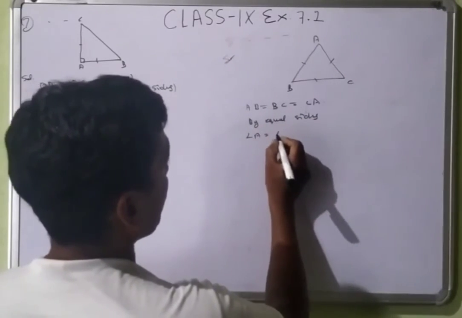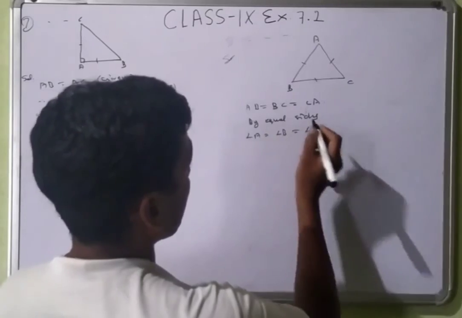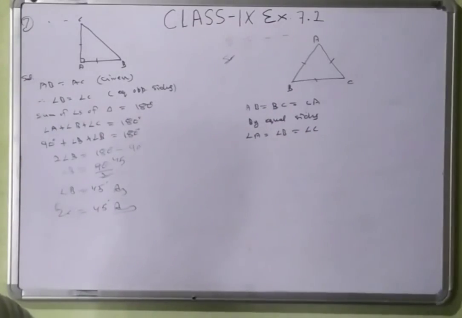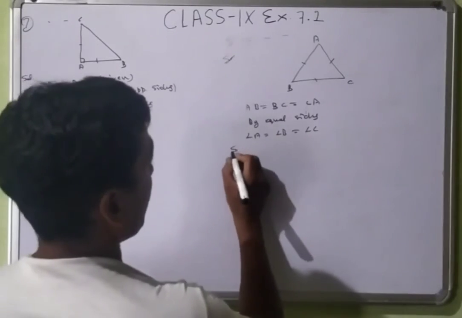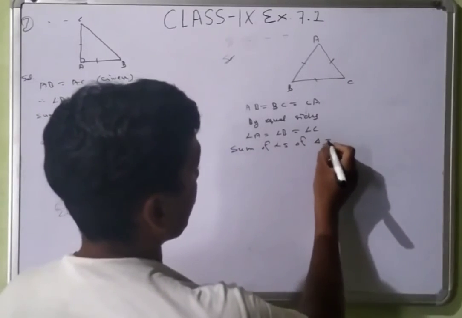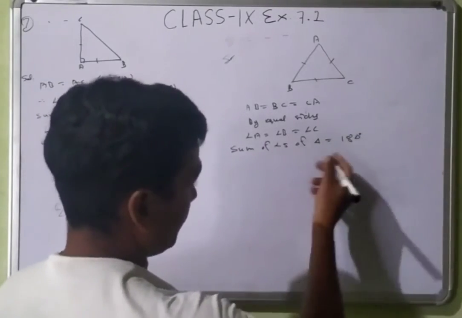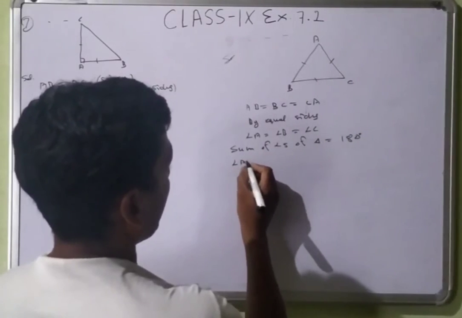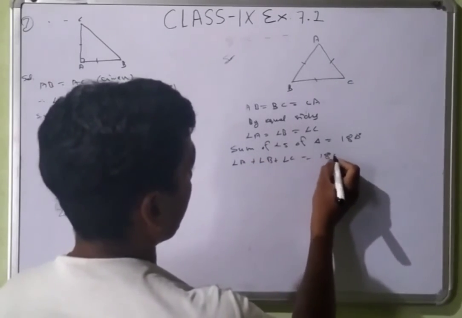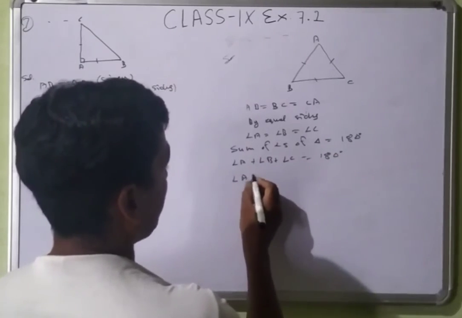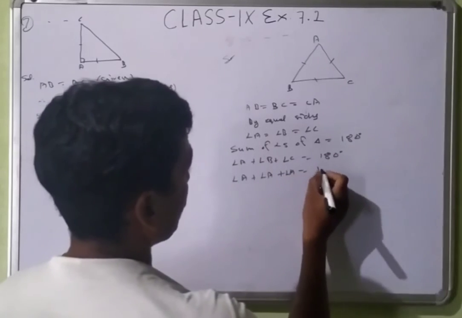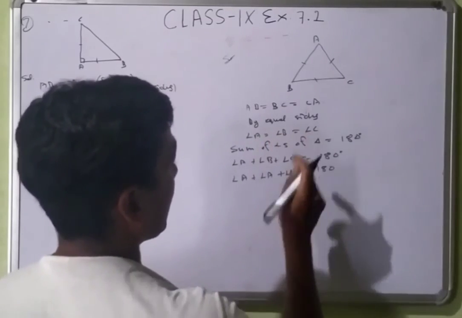Angle A is equal to angle B is equal to angle C. So the sum of angles of a triangle is equal to 180 degrees. So angle A plus angle B plus angle C is equal to 180 degrees. That is angle A plus angle A plus angle A is equal to 180 degrees, because all three angles are equal.